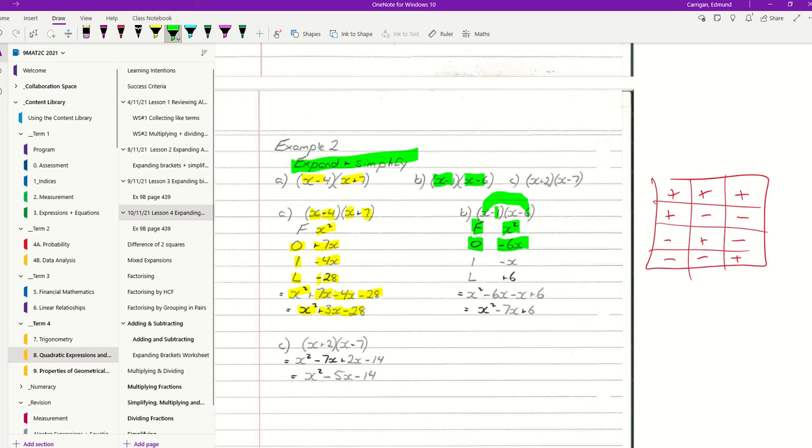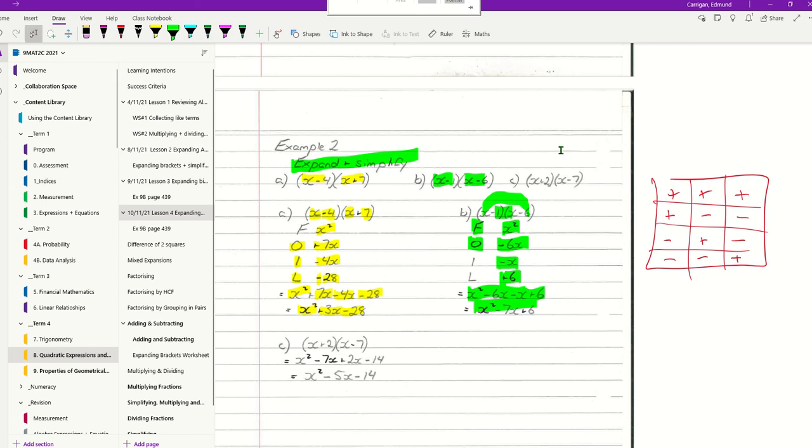Inside ones, my inside ones is the minus 1 times x. My sign is negative. Minus 1x is minus x. Now last terms, negative times a negative gives me a positive. 1 times 6 is 6. Just writing them out: x squared minus 6x minus x plus 6. X squared minus 7x plus 6.